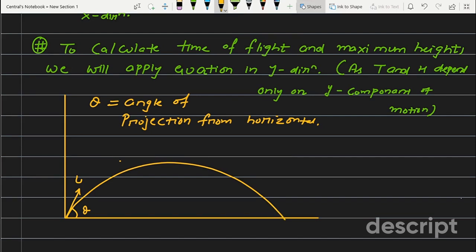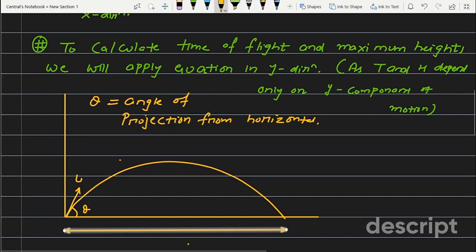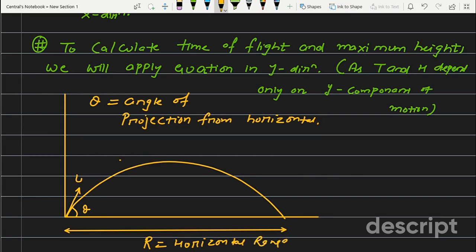This is known as horizontal range, the distance between the point of projection and the point where the particle hits the ground. Let's say this is t equal to 0, that means the initial instant.